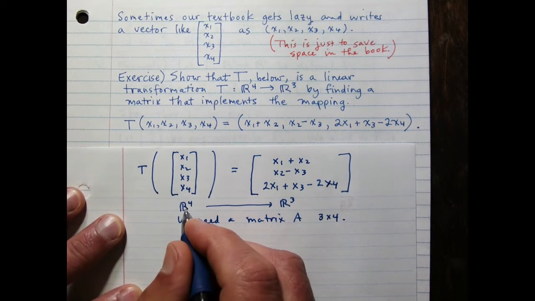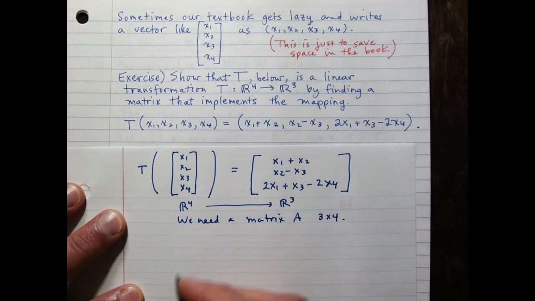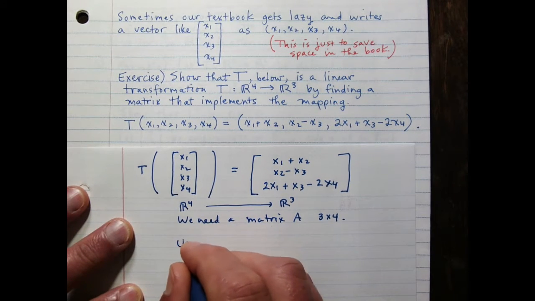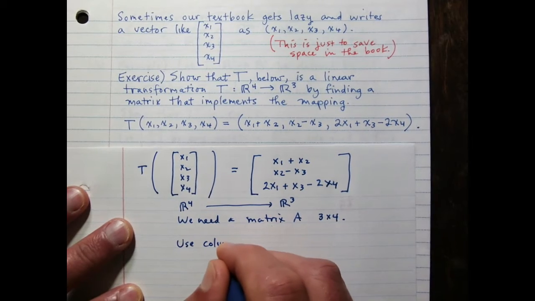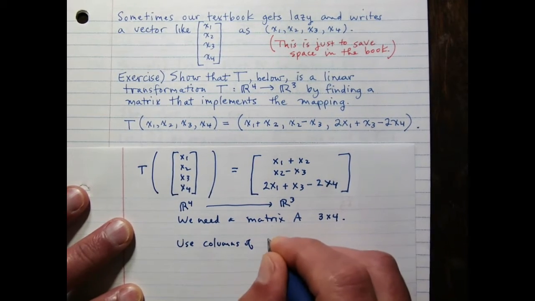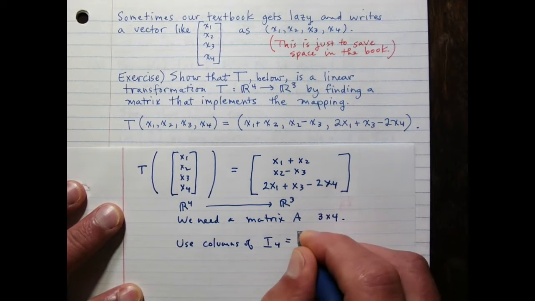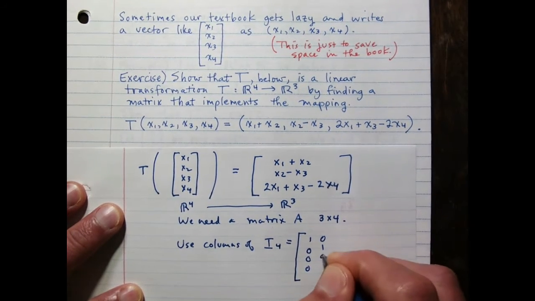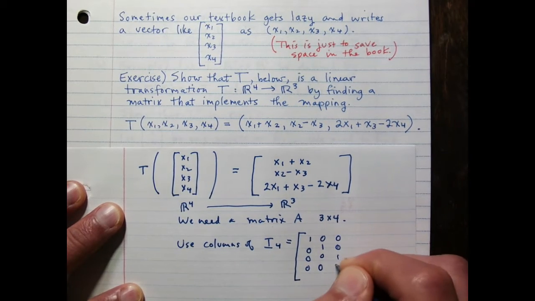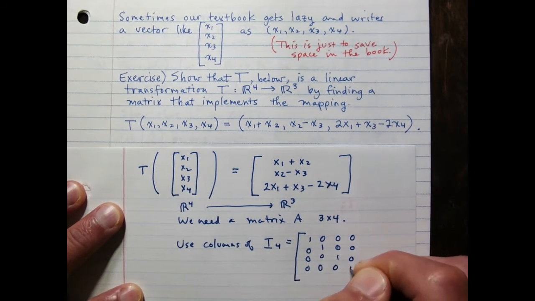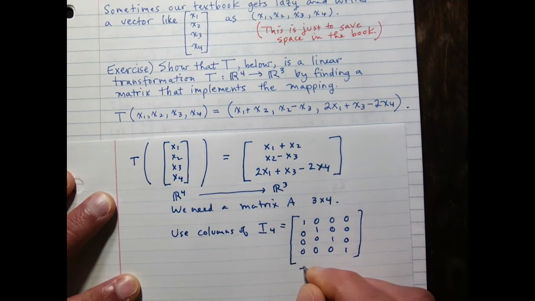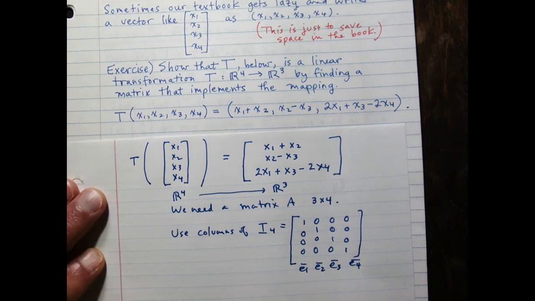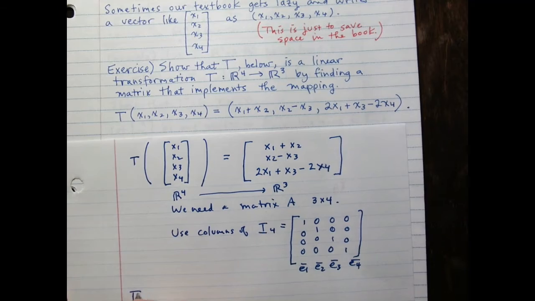Because the domain space is R4, I'm going to use the columns of I4, the 4 by 4 identity matrix, 1, 0, 0, 0, 0, 1, 0, 0, 0, 0, 1, 0, and 0, 0, 0, 1. And we're going to call those E1, E2, E3, and E4 here, since we have 4 dimensions. And I'm going to compute T of each one of those.